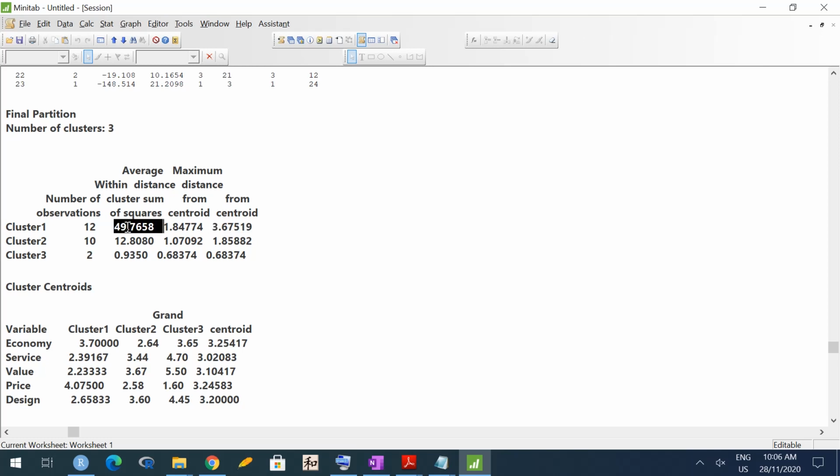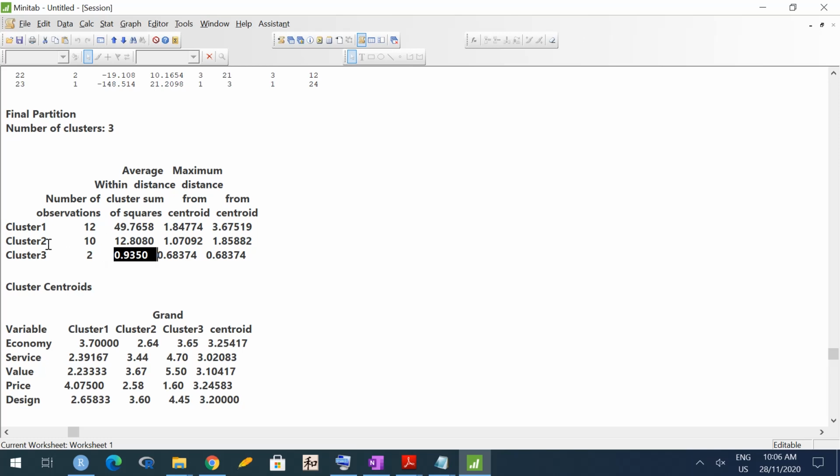Okay. When you talk about within cluster sum of squares, generally you should divide by the number of observations. So you should get something like average within cluster sum of squares. Okay. So 49 by 12, this is roughly 4 point something. 12 by 10 is roughly 1.2 and 0.93 by 2 is roughly 0.4.